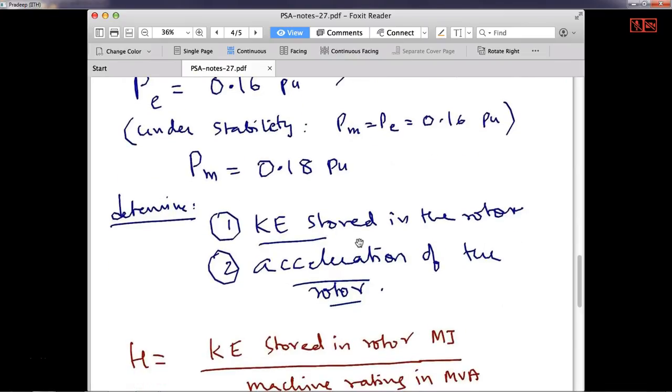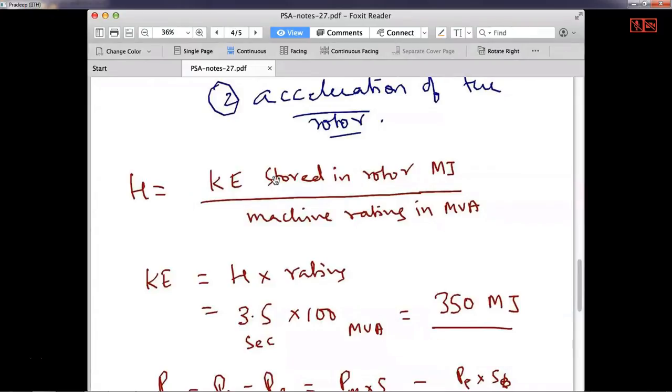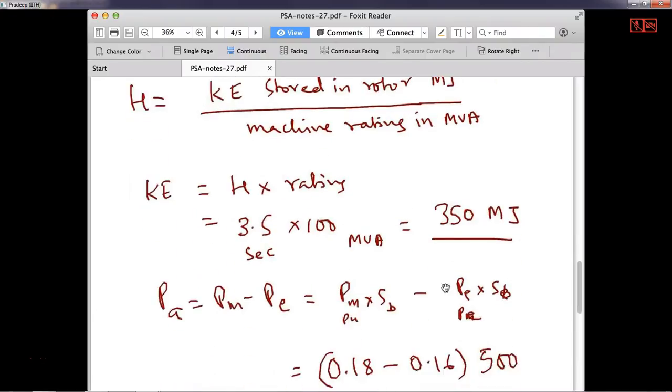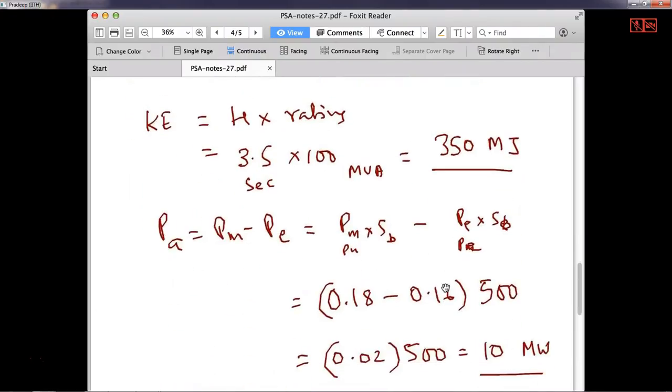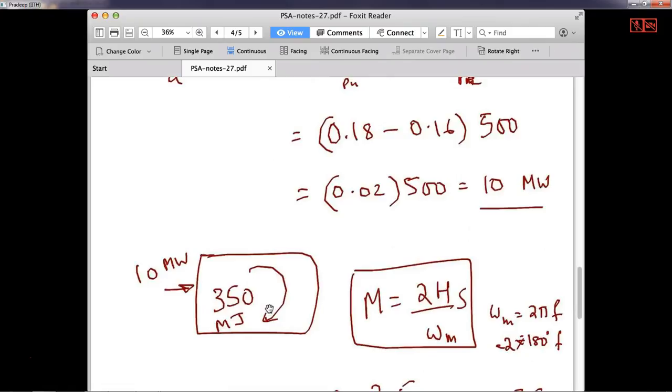So we have to find the energy stored in the rotor and then the acceleration of the rotor. Energy stored in the rotor is straightforward because H is given and the machine rating is given. From that I can find the energy rating: 350 megajoules. Next I find the accelerating power, that is 10 megawatts. At 350 megajoules, if I supply 10 megawatts, how much will it accelerate?